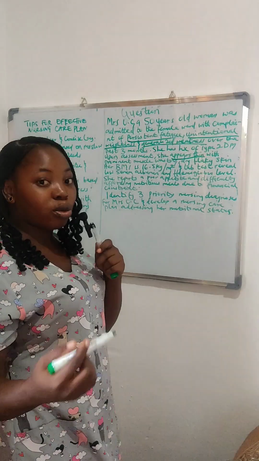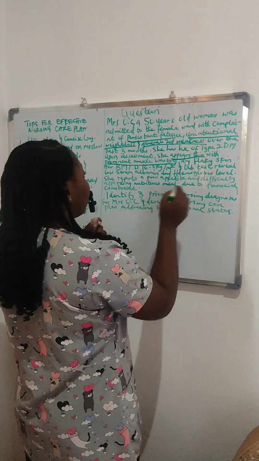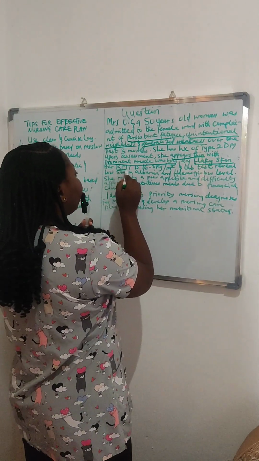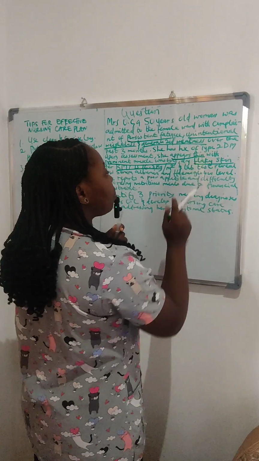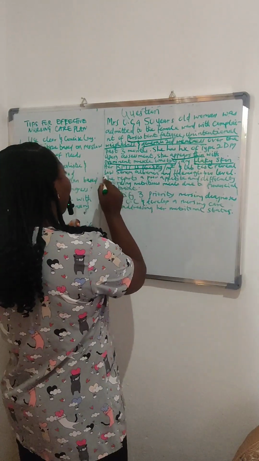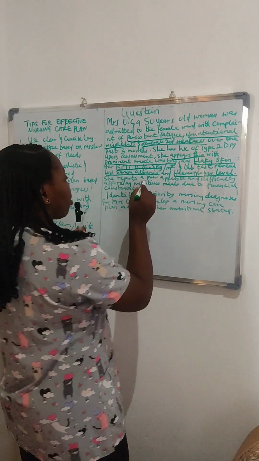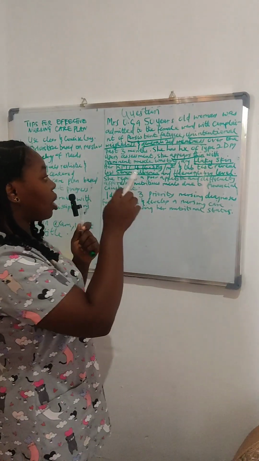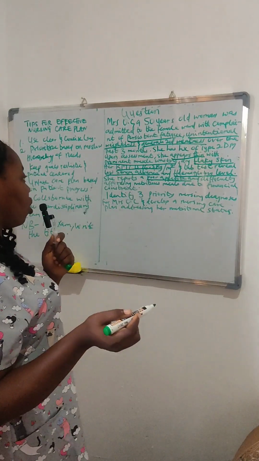There is prominent muscle wasting and flaky skin. The BMI is 16.5. The lab test reveals low serum albumin and low hemoglobin level. There is poor appetite also. So we have subjective data and objective data, and she cannot even afford a nutritious meal.